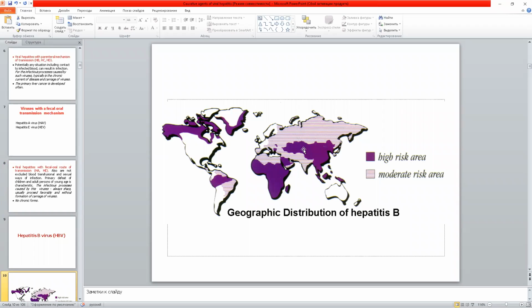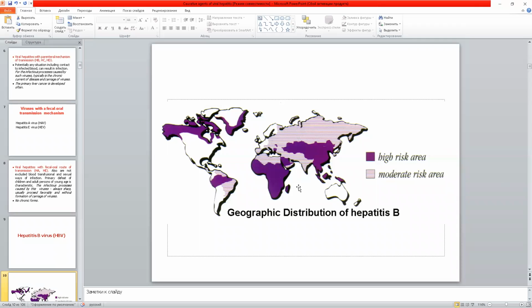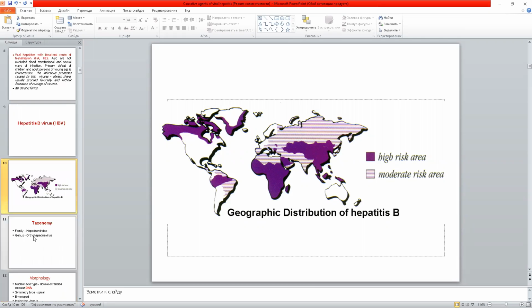The bright color means high risk area, including Asian countries, many countries of Africa, Middle East, and some countries in South America and North America. And moderate risk area includes Russia, India, and North of Africa. Anyway, many people are infected by hepatitis B virus all over the world.